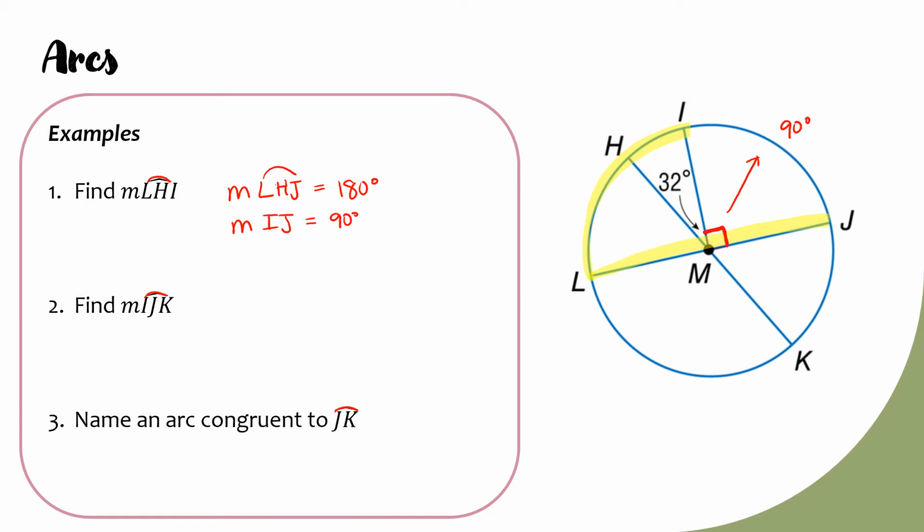So based on my arc addition postulate, I know that the measure of arc LHI plus the measure of arc IJ is going to add up to the measure of arc LHJ.